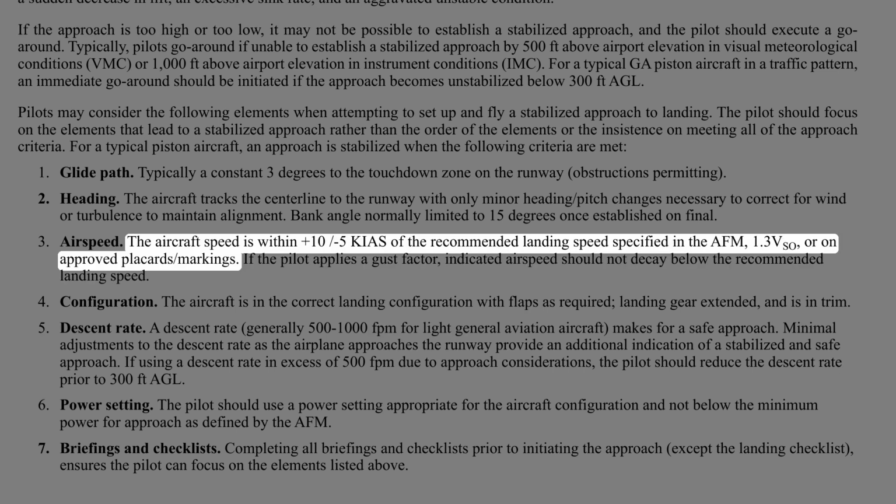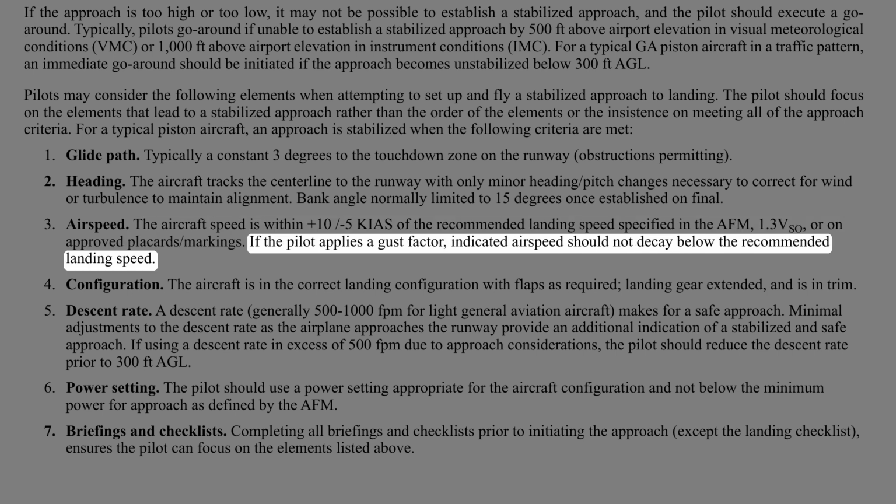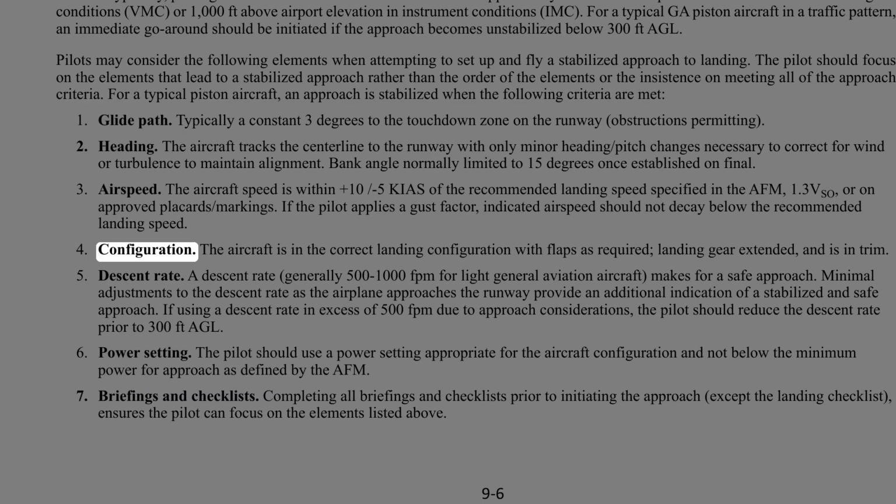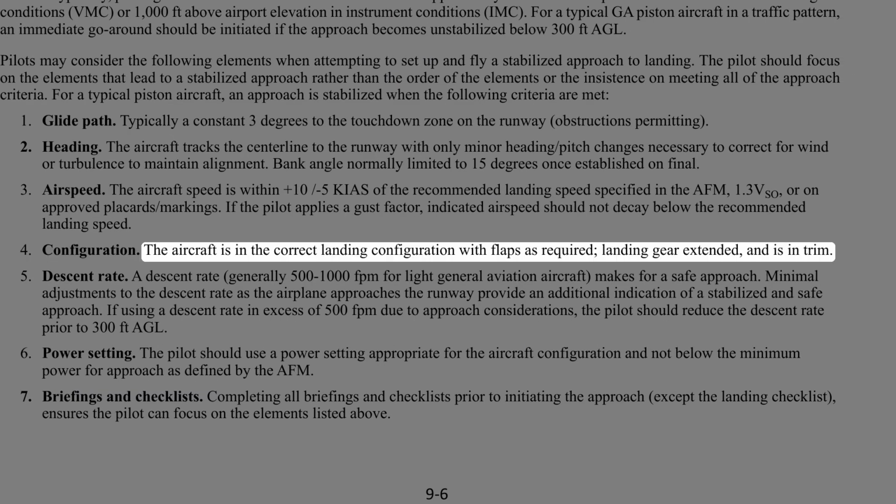Airspeed, the aircraft speed is within +10, -5 knots of the recommended landing speed specified in the AFM, 1.3 VSO, or on approved placards and markings. If the pilot applies a gust factor, indicated airspeed should not decay below the recommended landing speed. Configuration, the aircraft is in the correct landing configuration with flaps as required, landing gear extended, and is in trim.